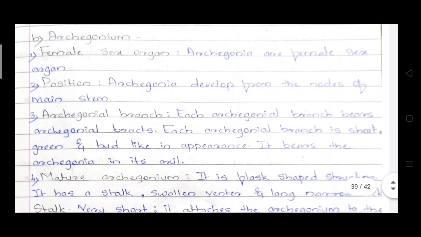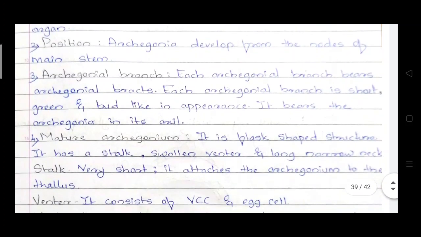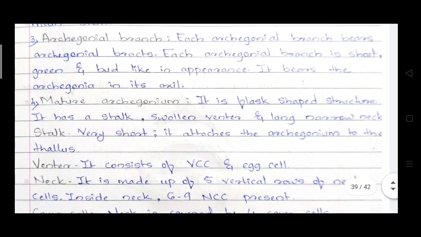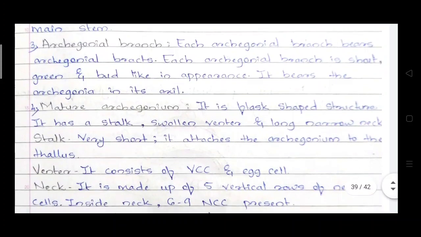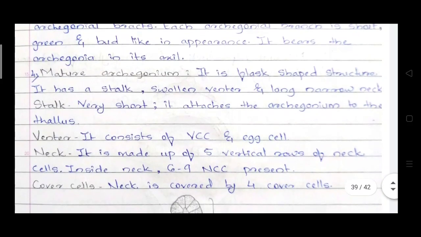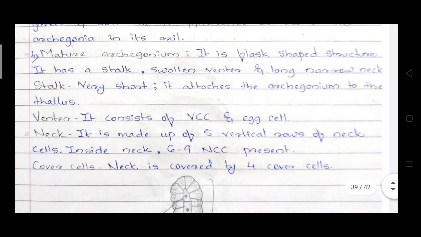Similarly, the Archegonium structures are alike. These Archegonia develop on the nodes of the main axis. The Sphagnum plant develops archegonial bracts on the nodal position, and these bracts are short, green, bud-like in appearance, and also present on the axil.